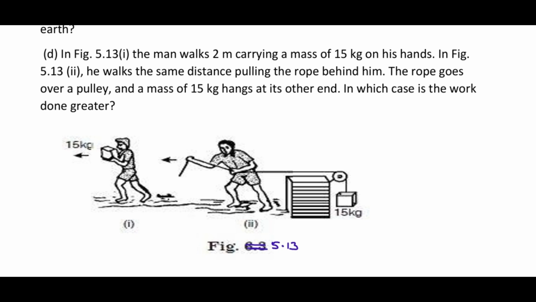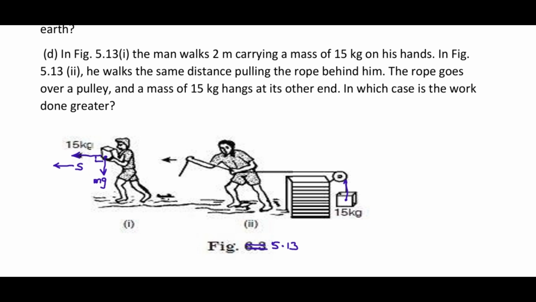If you observe carefully, in the first case, the displacement is towards left, but the gravitational force, that is the weight of the body, is downwards. The angle between them is 90 degrees. So work done here by the gravitational force is 0. But in this case, this block is moving up.